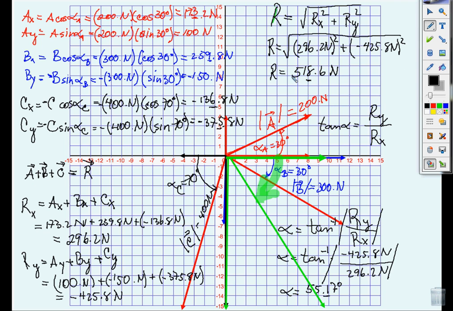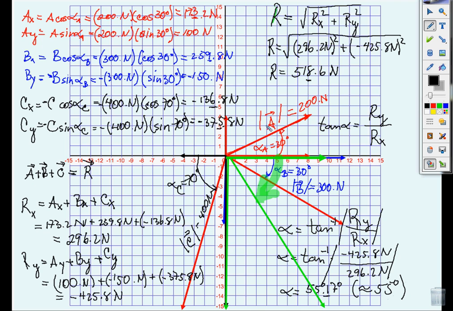I'm going to go back. Remember, the magnitude is 518.6 newtons. Now this is the reference angle, but the question is, what is the vector angle? Well, if this angle is 55.17, we're going to leave it at 55 degrees for the sake of clarity. That is our reference angle.